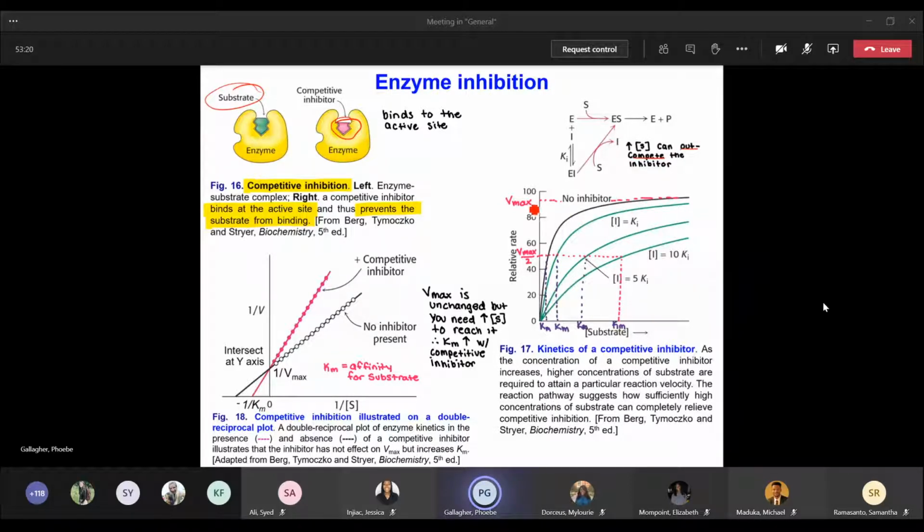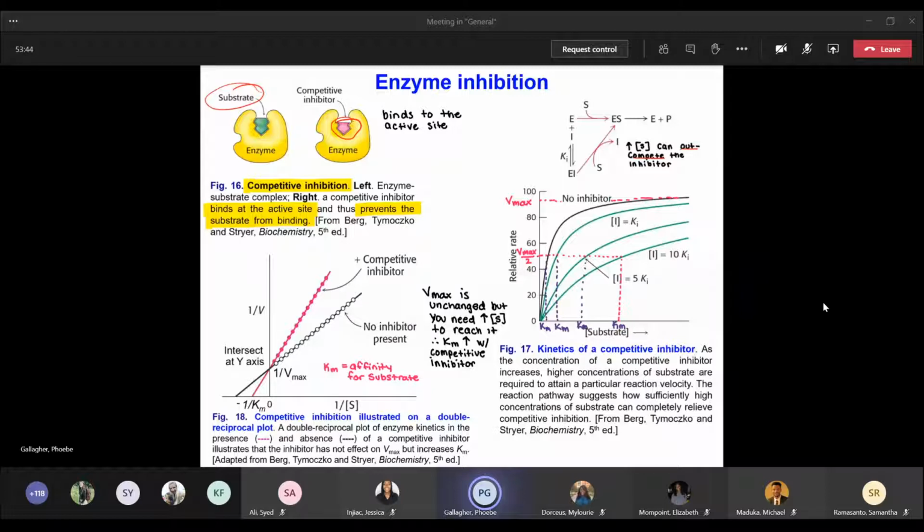So you'll see that Vmax does not change, and Vmax over 2 doesn't change because of that, but you will see that it takes more substrate in order to achieve the Vmax, because you need more substrate in order to outcompete the inhibitor. So because of that, your Km value is going to change on the plot.